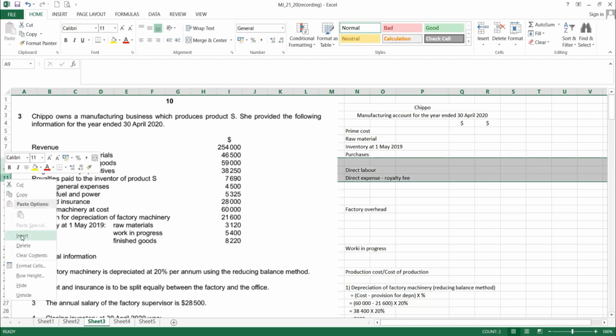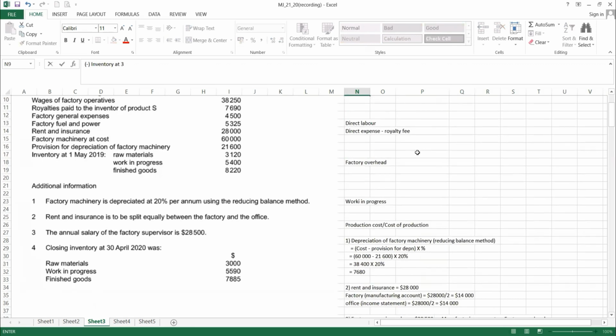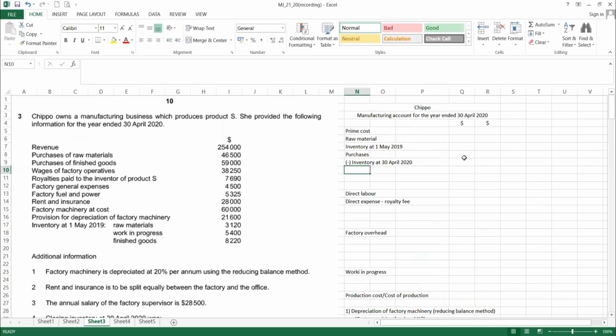But this question is quite straightforward. They don't have much. The purchase of raw material, after that, nothing else related to the direct cost. So basically, it's only one purchases. And then after that, minus inventory at what year? At 30th April 2020, which is 3,000. So this one is 3,000.